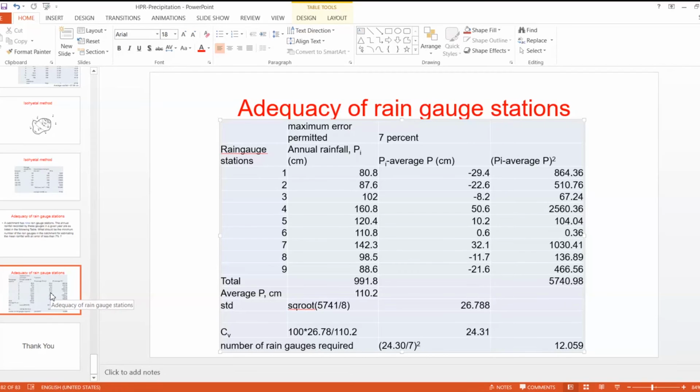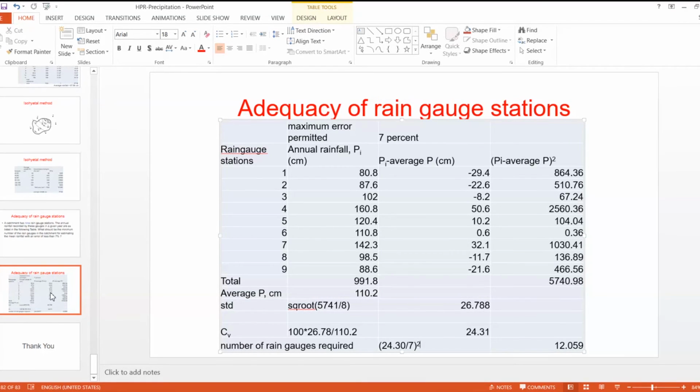Because the rain gauge density is a function of climate, development, the purpose, etc. Suppose you look at New York in the United States. New York is the commercial capital of the United States, so that city is very important.